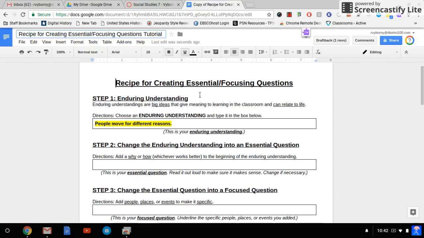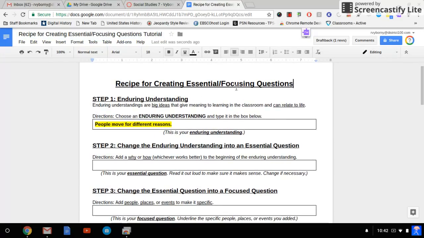So what we're doing here to start out is looking at enduring understandings. If you remember those 5 posters in the front of the classroom on the wall, there are 5 different enduring understandings. One of them has to do with people needing governing.